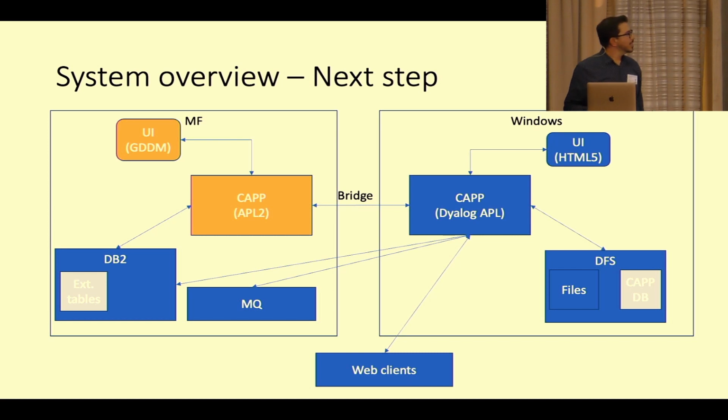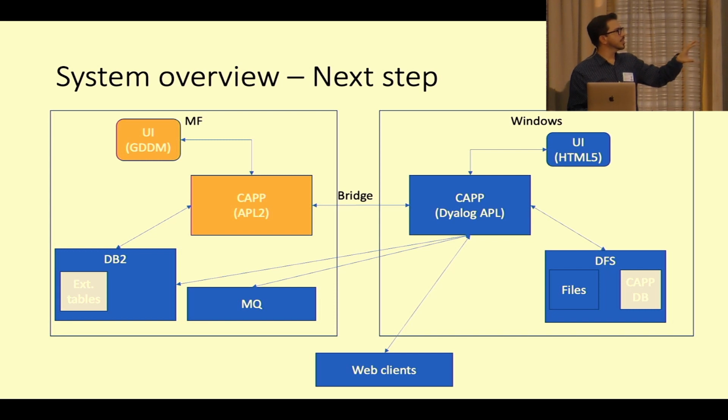Now, going back to my little overview here, we have a bridge in place. What the next step would be is to get this running with the files being shifted out of mainframe and having direct access to the database for the tables that are going to remain on the mainframe, those owned by other systems. We still need to access the database.